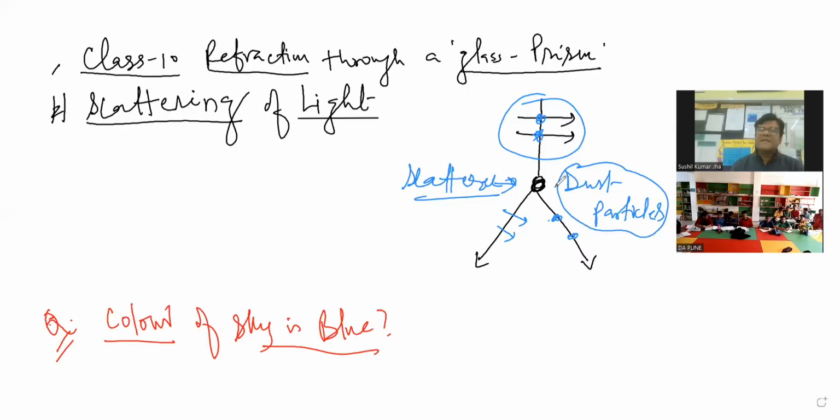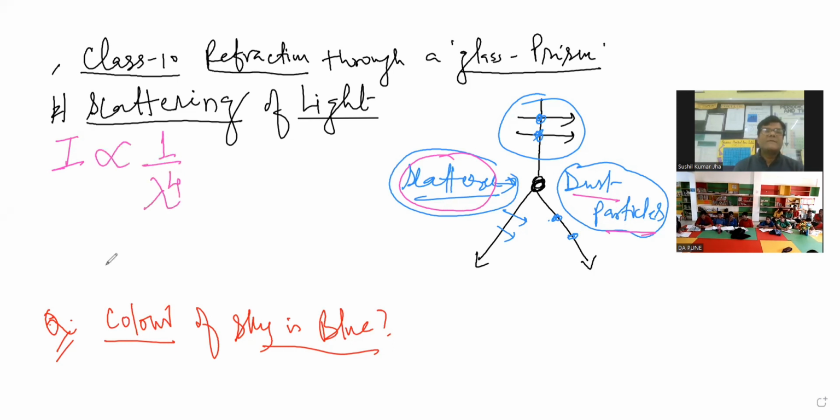So what is the condition? The size of the scatterer or dust should be comparable to the wavelength of light. Due to this scattering, the intensity of scattered light is proportional to 1 divided by lambda raised to the power 4.